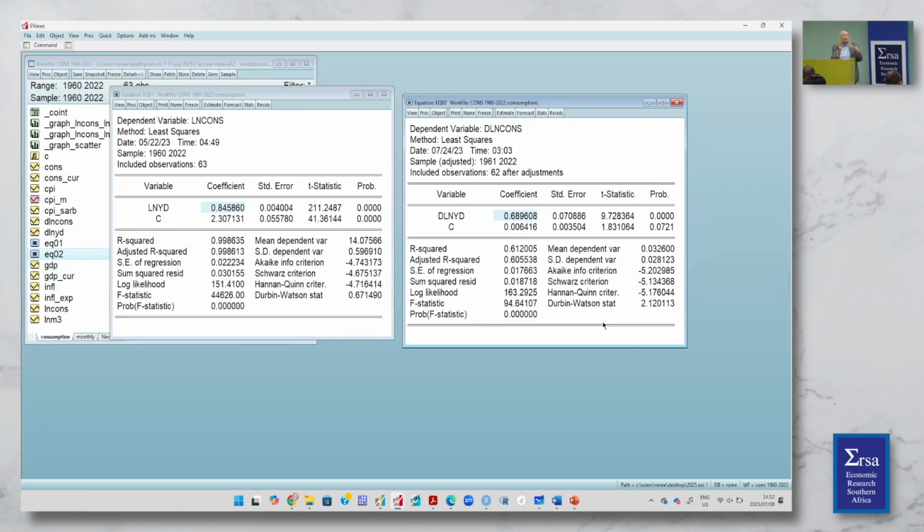What are the price elasticities of our imports? What is the income elasticity of consumer demand? Because the other side of this coin is saving. Are we saving enough? Or are we just gobbling up every additional income? Is there room for saving? So these are our economic values that we are interested in.